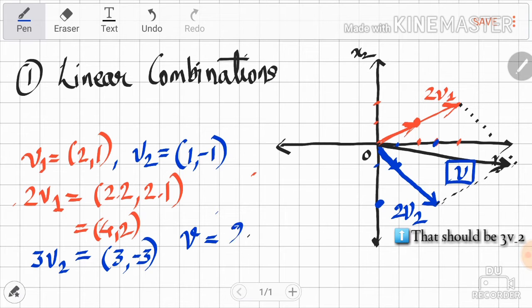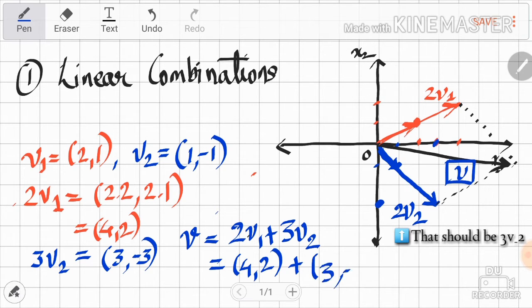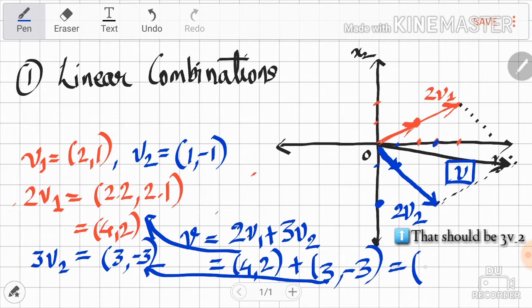In this case, it is 2 times v1 plus 3 times v2, which is nothing but 4 comma 2 plus 3 comma minus 3. This 4 comma 2 comes from here, and 3 comma minus 3 comes from here, and what do you get? You get 7 comma, 4 plus 3 is 7, and 2 minus 3 is minus 1. 7 comma minus 1.